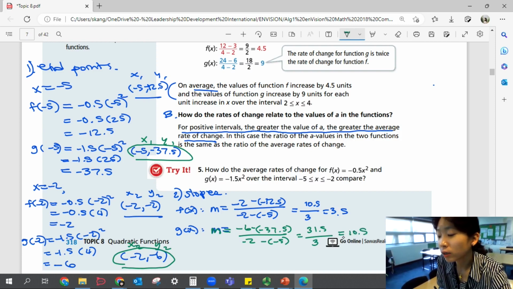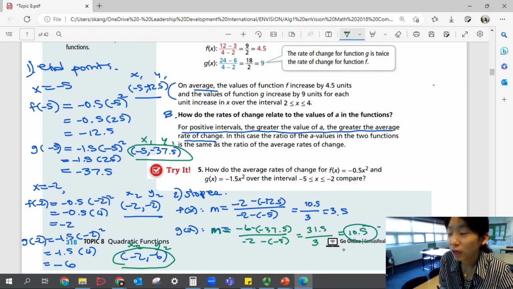Okay? So now we have the average rates of change. Average rate of change for G is 10.5. And average rate of change for F is 3.5. So you can see that this is already 3 times the average rate of change for F. So how do they compare?